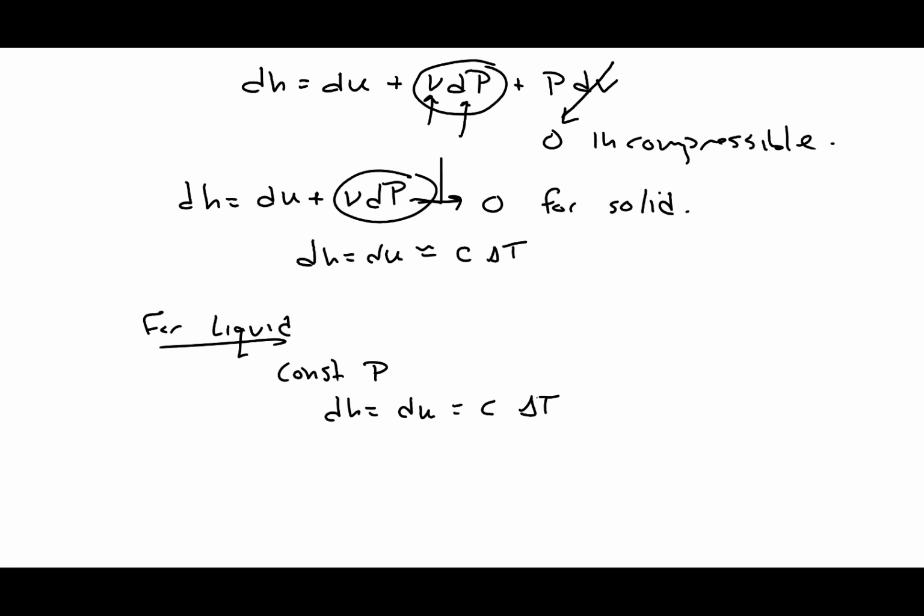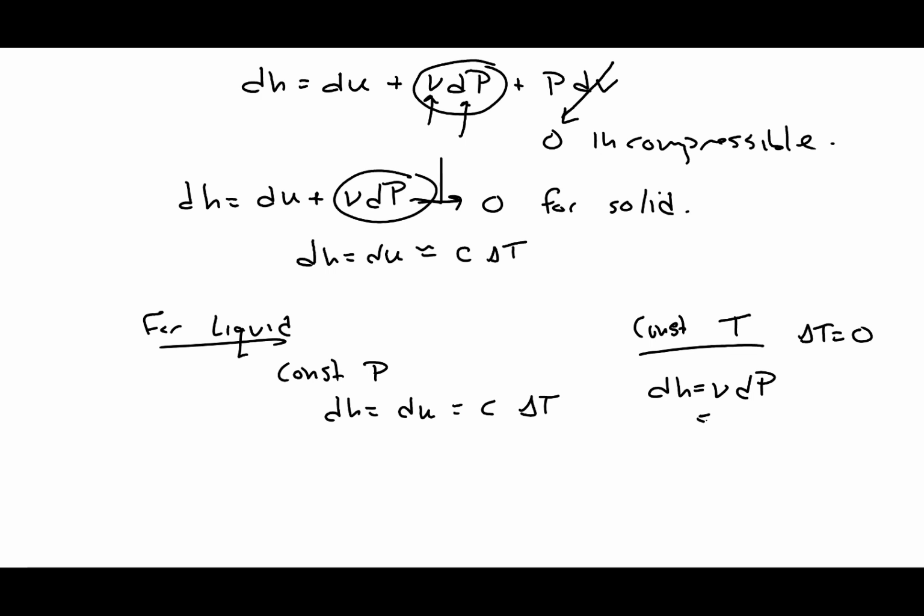So what we want to consider is the case of constant temperature. If it's constant temperature, so basically delta T is equal to 0, then dU is equal to 0. So then we have dH is equal to v dP.